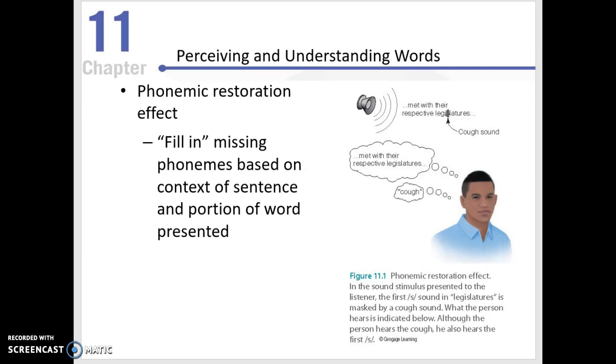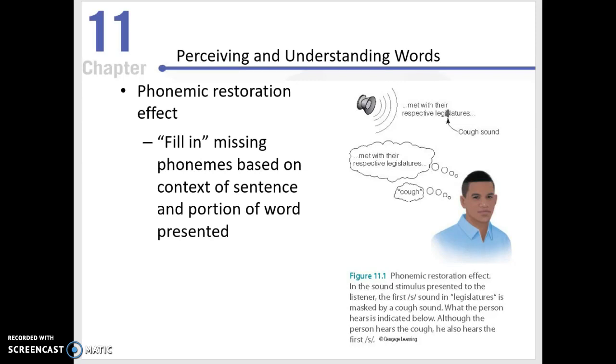One effect that is related to perceiving and understanding words is called the phonemic restoration effect. So in this example, you'll see this participant is hearing "met with their respective legislatures."